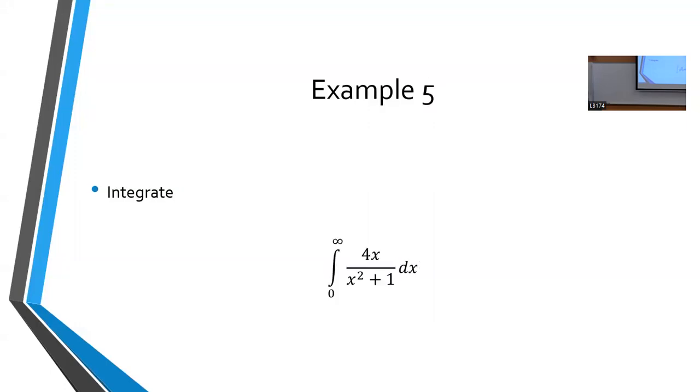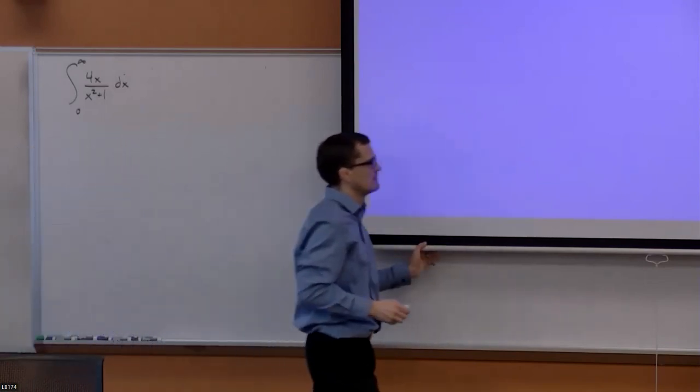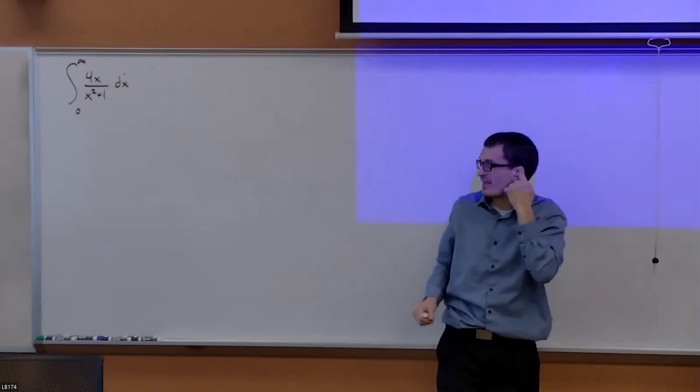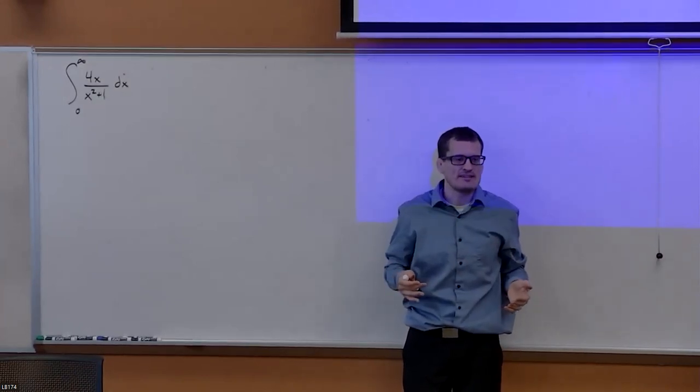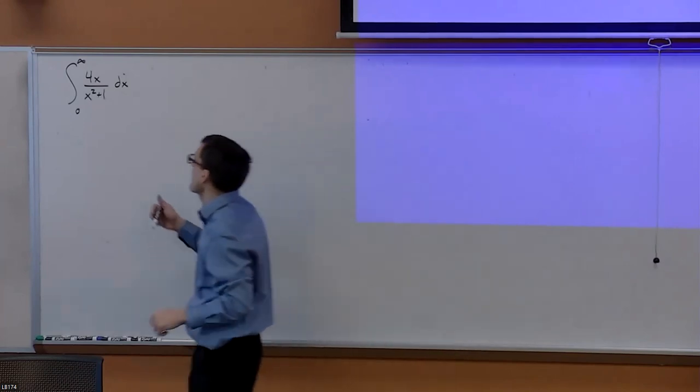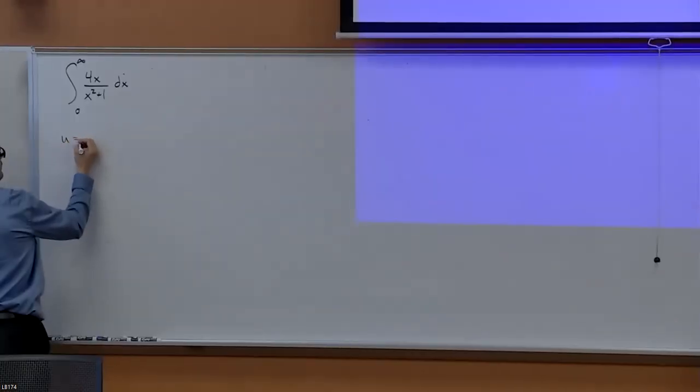You can do even stuff like this: integrate from 0 to infinity 4x over x squared plus 1. Let me do that one. And this will be the last one we do, if I had to do this by hand. This is a U substitution.